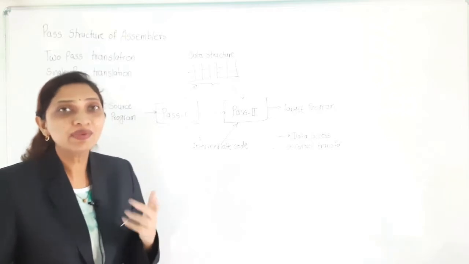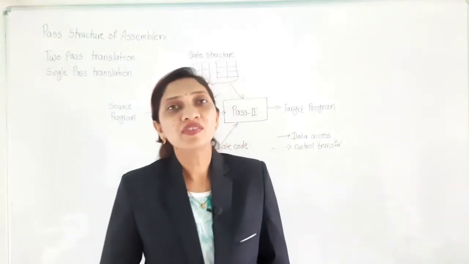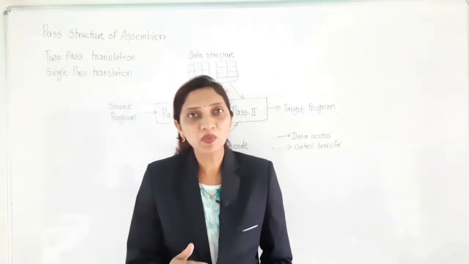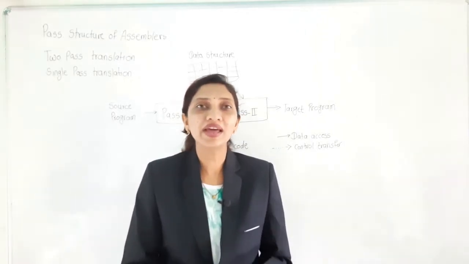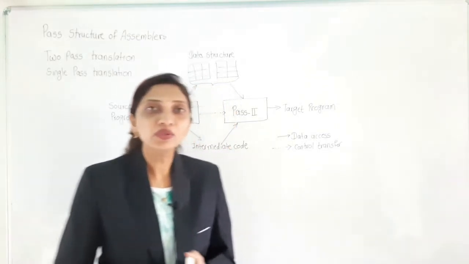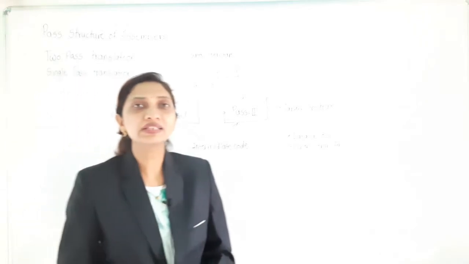What is meant by forward referencing? We learned that in the last two lectures. Forward referencing means using a symbol before its definition in a program. And how is the forward referencing problem handled in two pass translation?